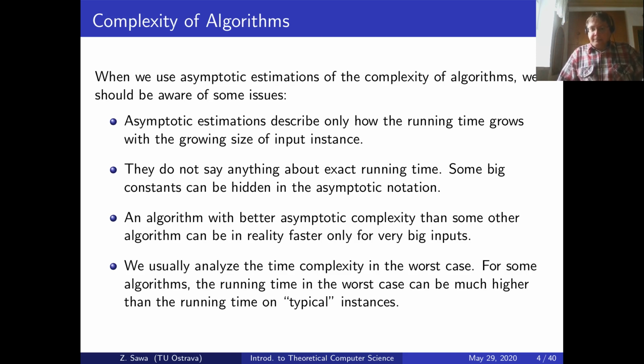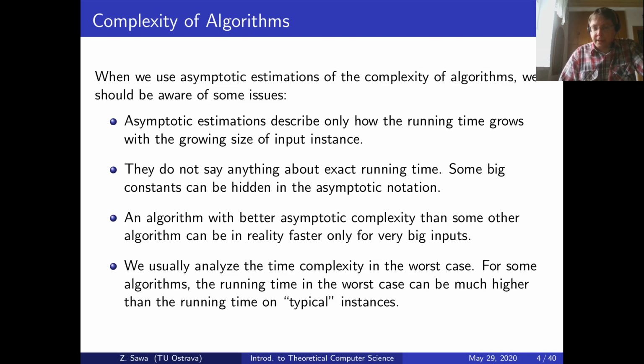But there could be algorithms for which on some instances it can run much faster than the worst case. So there can be a big gap between the worst case and how long it runs on some instances. It could happen that on many instances on which we run the algorithm, the real running time will be much smaller than the worst case.